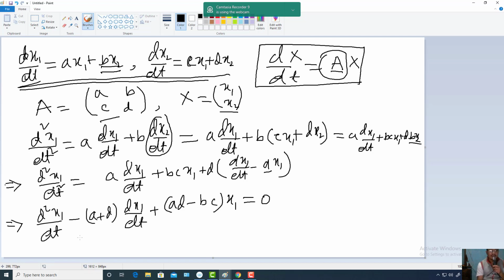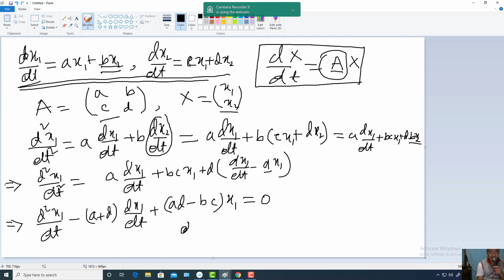Okay, so similarly you can write down the second order equation in the x2 variable. The same thing will be there; you can do it yourself. What will you get?